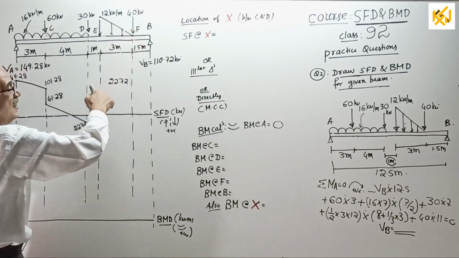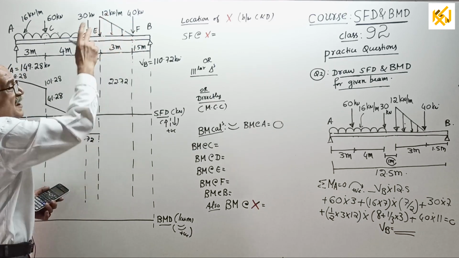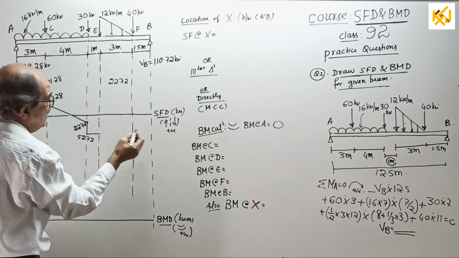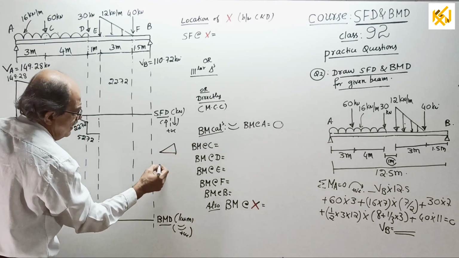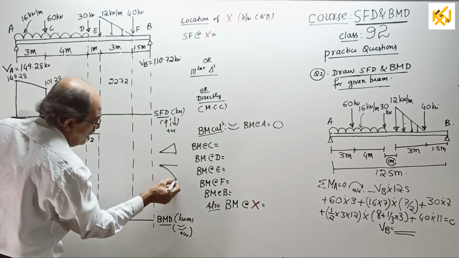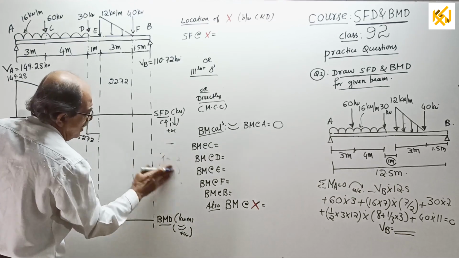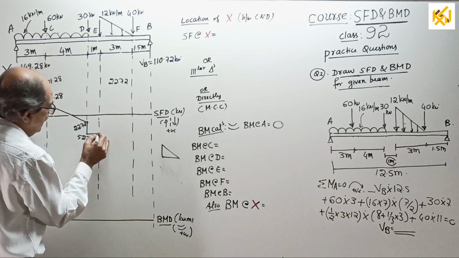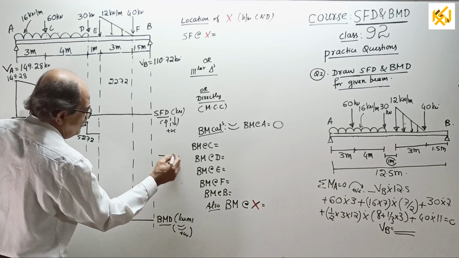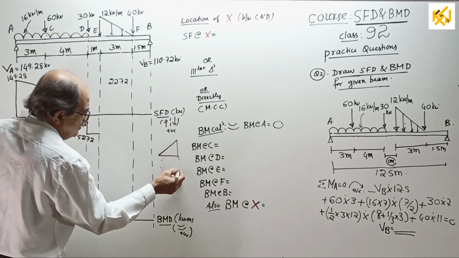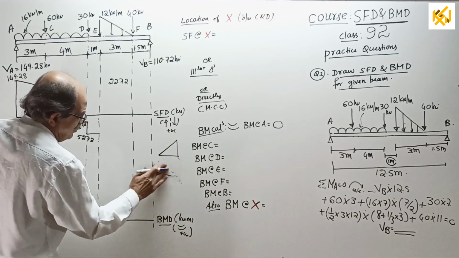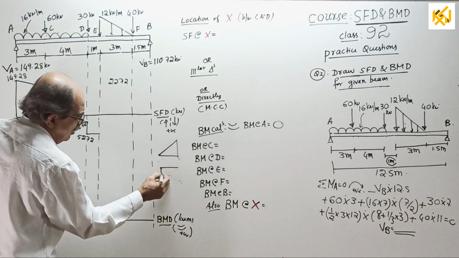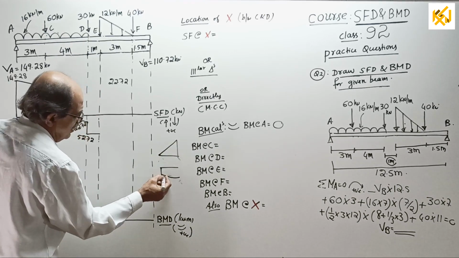From here to here, come down by half into 3 into 12. Here is maximum slope, here zero slope. Last time the UVL was this way, and we came down this way with zero slope here.